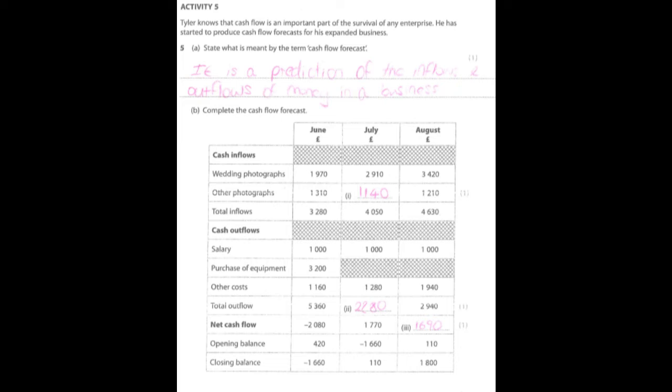So you can see there, if you finish, let's take July, for example, on £110 in the bank, then you're going to open in August with £110 in. Also in this question here, look at the liquidity problem. You can see that in June, the closing balance is minus 1660. That technically means that they are overdrawn. There is a short-term loan being required.